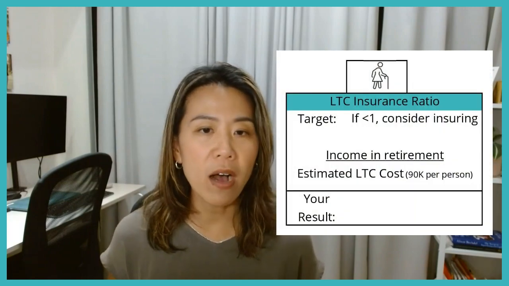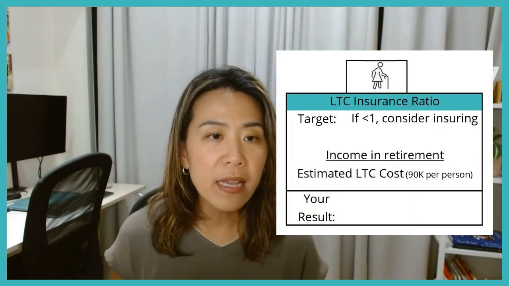This ratio is defined as your estimated annual income in retirement divided by estimated annual long-term care cost. Based on the current cost of a home health aide in the Bay Area, it's around $90,000 a year. Home health aides are generally the first place where people file one of these long-term care claims. A private nursing care home could be upwards of $100K, $120K plus for an individual. But let's just say it's $90K for an individual, $180K for a couple.